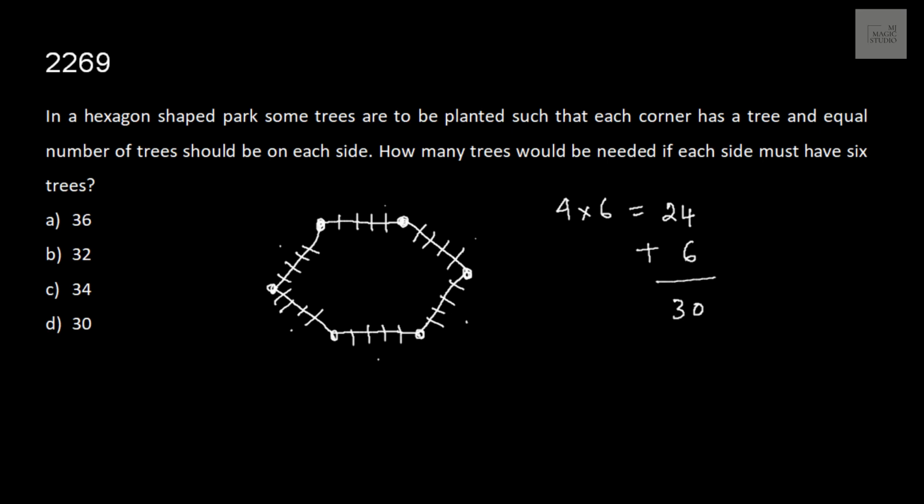That means in total we require 30 trees to be planted around this park, so that each side has 6 trees and each corner has a tree. Option D fits in. It looks like it is 6 trees on each side, so it should be 6 into 6, 36. No, that is the wrong way to calculate. We need only 30 trees here. Option D fits in.